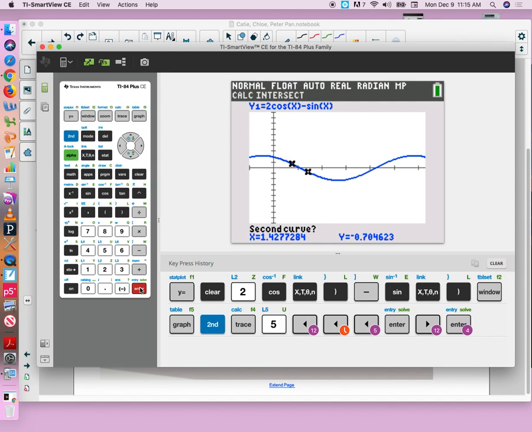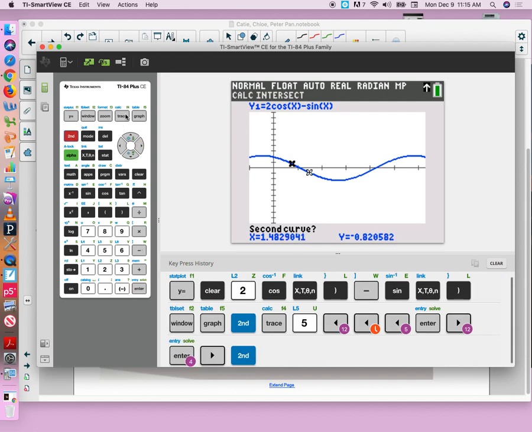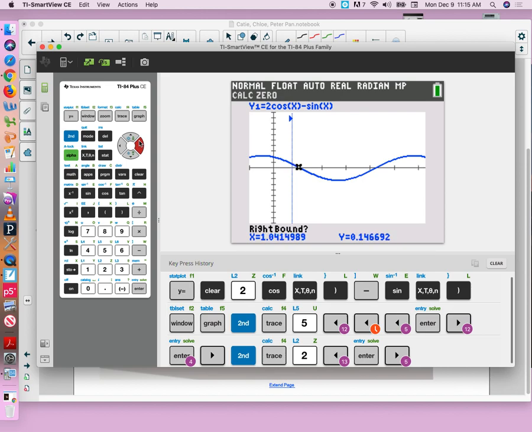It seems to be frozen. Oh, I'm sorry. I didn't intersect. Second calc 0. Sorry. All right, so I need to be to the left of it, to the right of it, and then enter. All right, so I get 1.107.